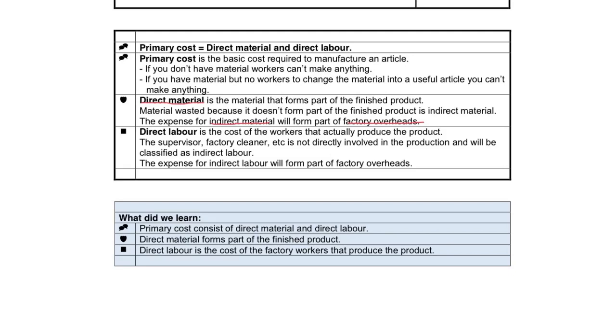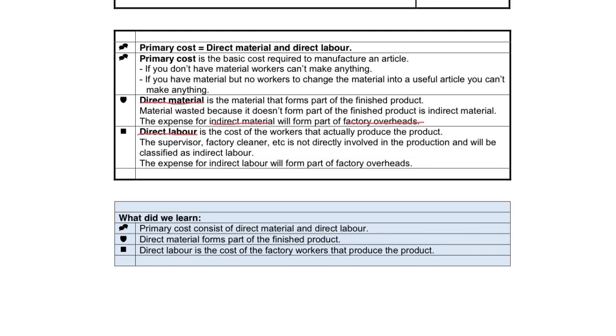If we look at the direct labor, here we also have to distinguish between the direct labor and the indirect labor. The people who sit at the machines and actually make these dresses are direct laborers.